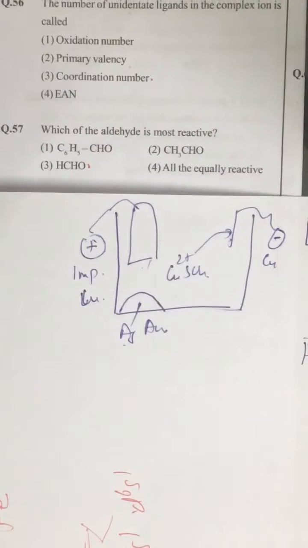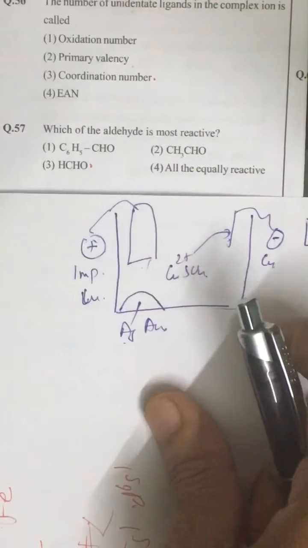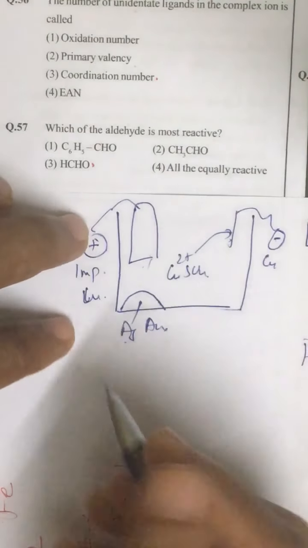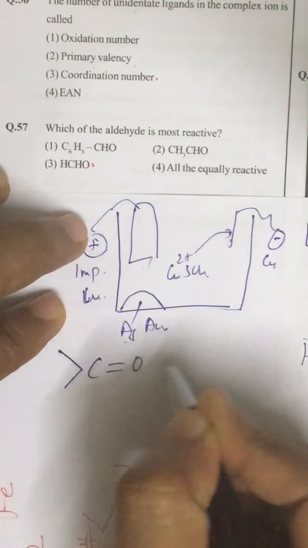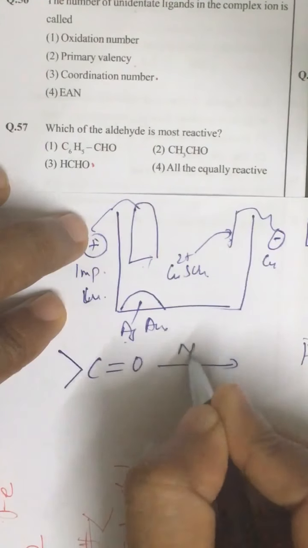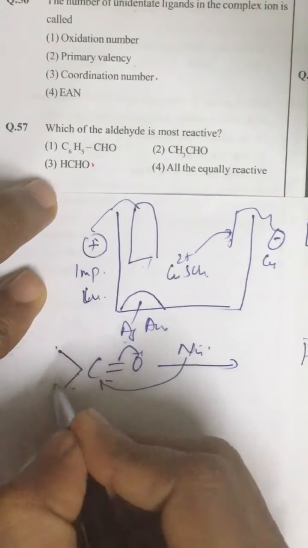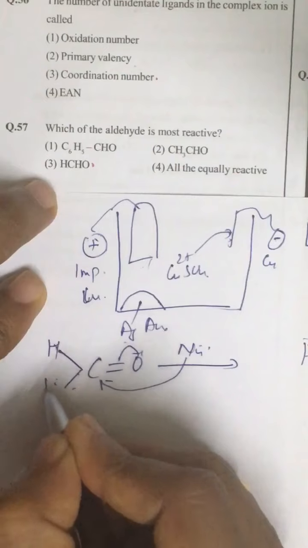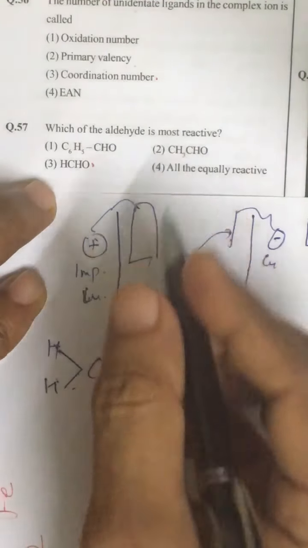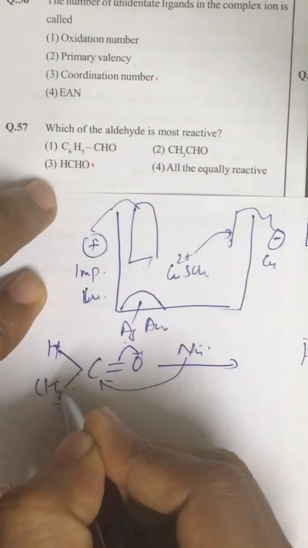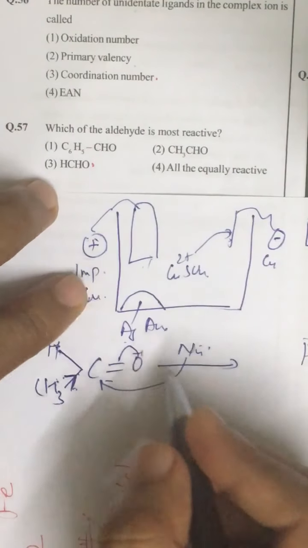Now look at question number 57. Which is most reactive? So aldehydes and ketones show nucleophilic addition reaction. Alright, so the nucleophile gets added to this carbon atom. Now the point is, if it is methanal, we don't have +I effect. With the increase in alkyl groups, +I effect increases, so reactivity decreases.